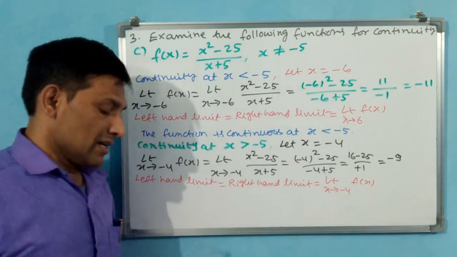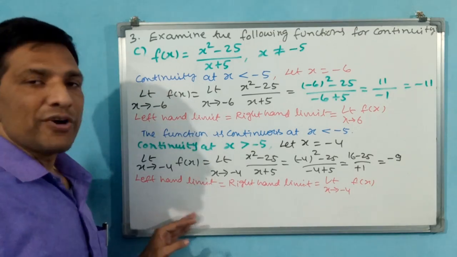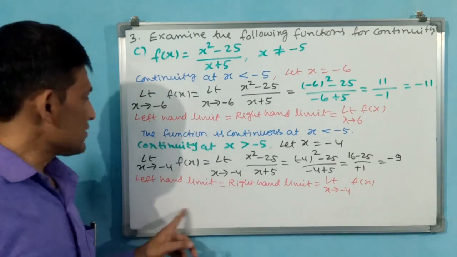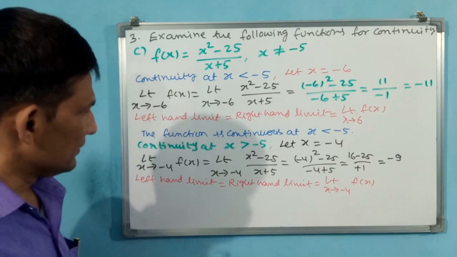Now you tell me what you are going to write. Are you going to write the function is continuous at x equal to minus 4? No. You have to write the function is continuous at x greater than minus 5. You have to write. Write down.